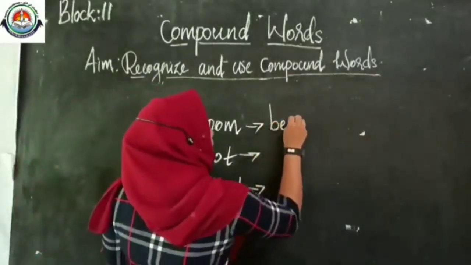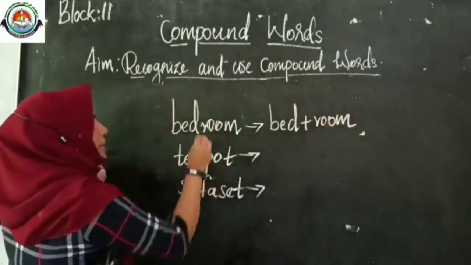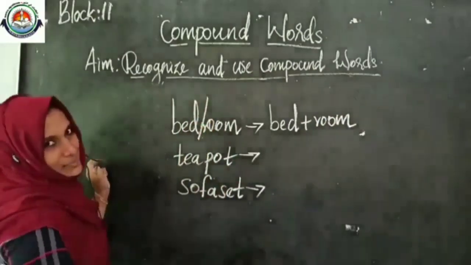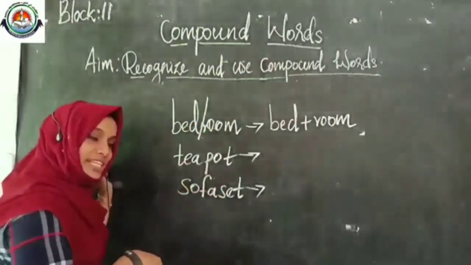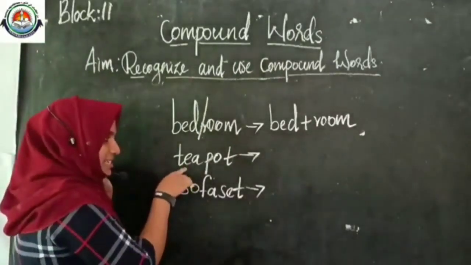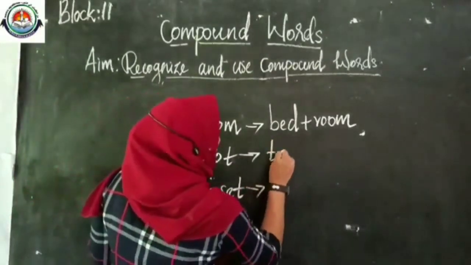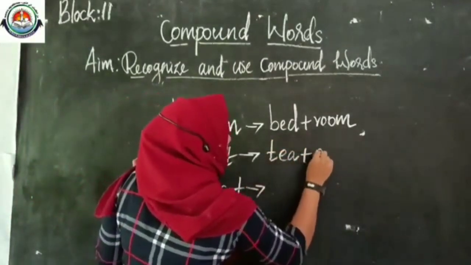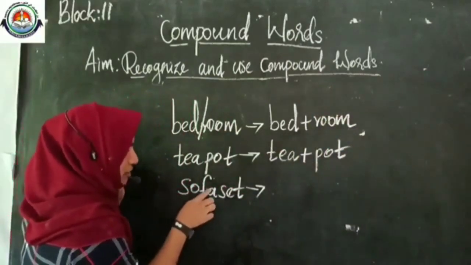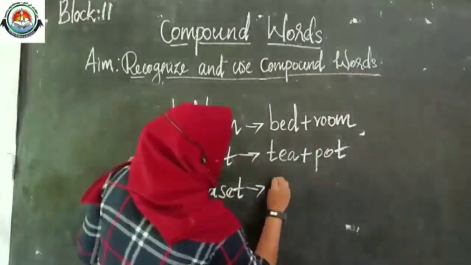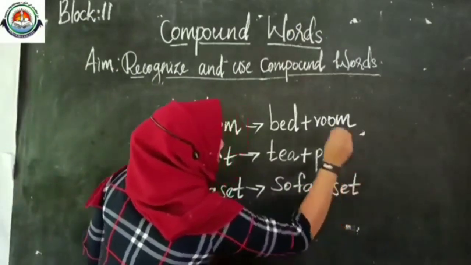It is bed plus room, bedroom. Right? This way we can divide. And tea, pot. So how can we divide this word? It is tea plus pot. Very good. And the last one, it is sofa plus set.